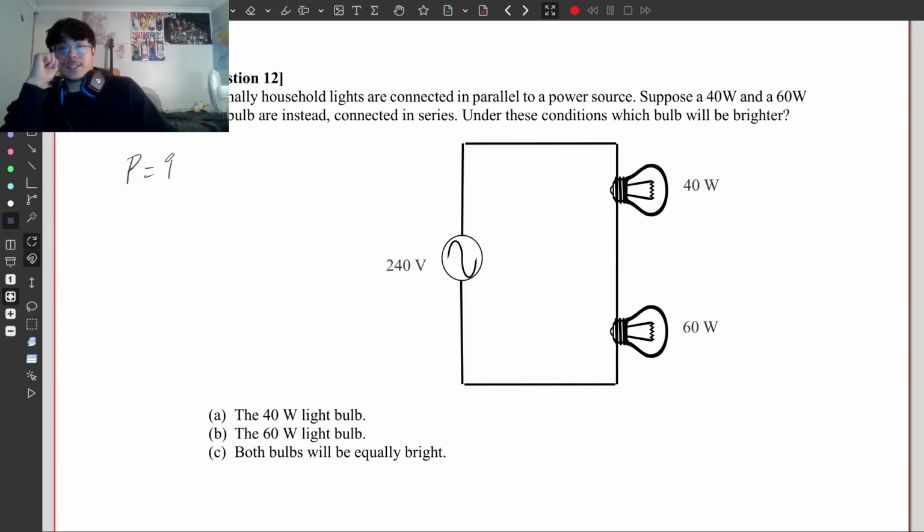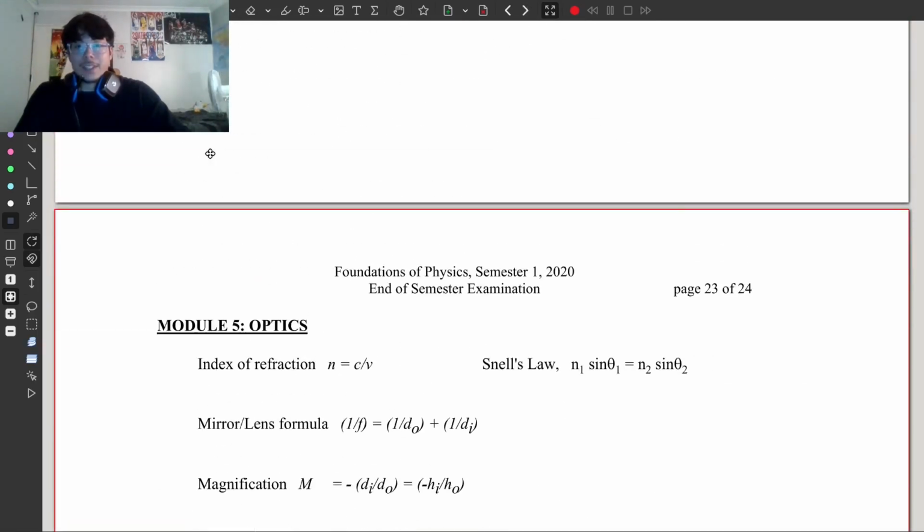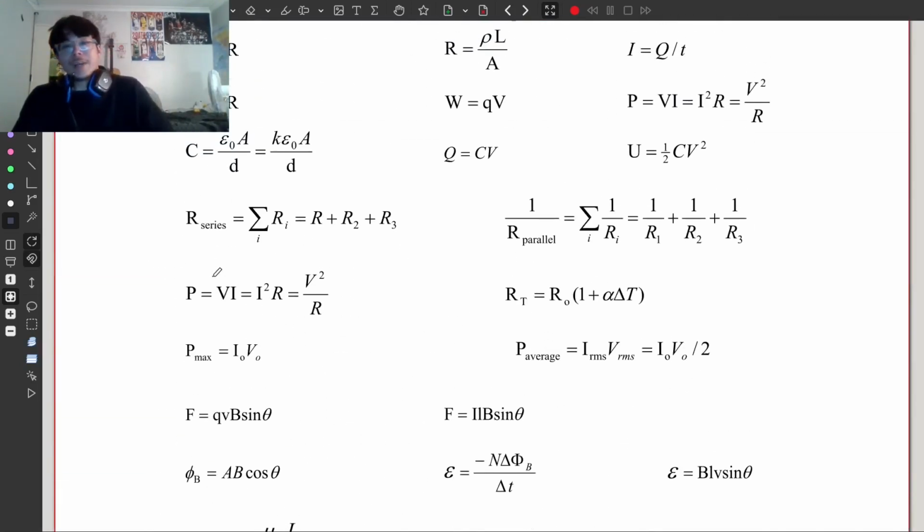So power is equal to IV. So let's look at our formula sheet here. Yeah, this is our power equation, P equals VI.